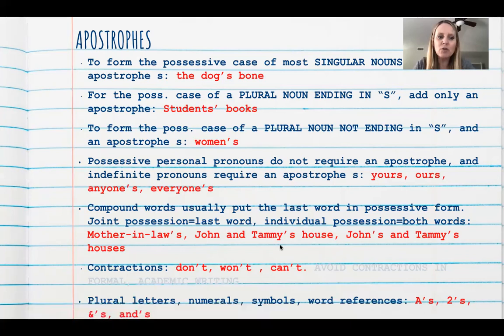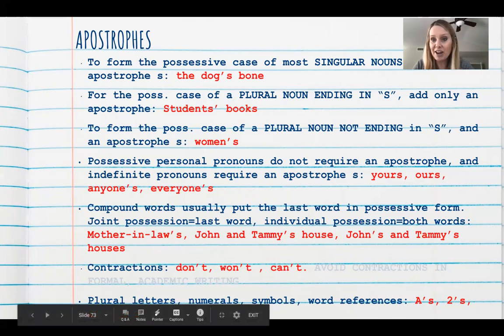When you have compound words, you want to go with the last word to be in possessive form. So mother-in-law's, not mother's-in-law, or John and Tammy's house, not John's and Tammy's house. If there's separate ownership, separate entities, then each one needs the apostrophe S. Obviously, when you use contractions, you want to have apostrophes to combine those two words.